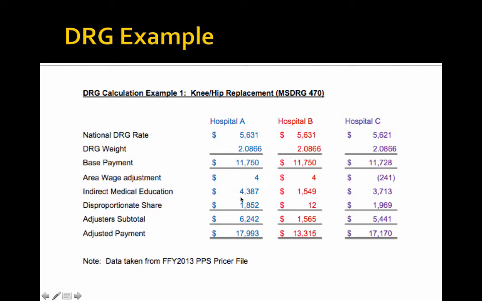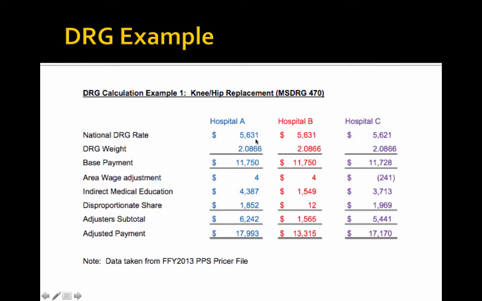In this case, this facility has some indirect medical education. This facility likely has maybe residents working in their facility. This one maybe doesn't have as many, or maybe they have allied health workers in their facility doing education, etc.